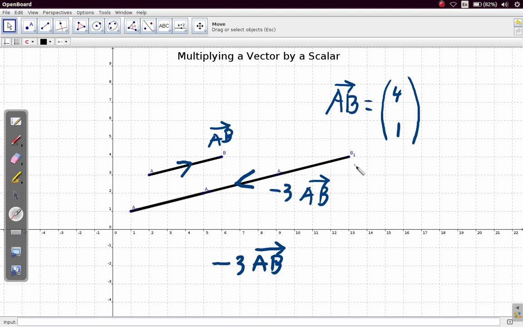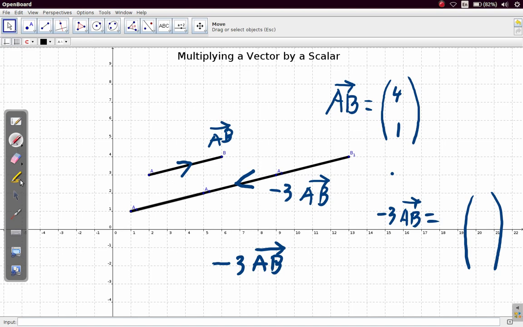Now, let us look at negative 3AB. This new vector, negative 3AB, equals what? What is negative 3AB in terms of a column matrix, in other words, as a column vector?